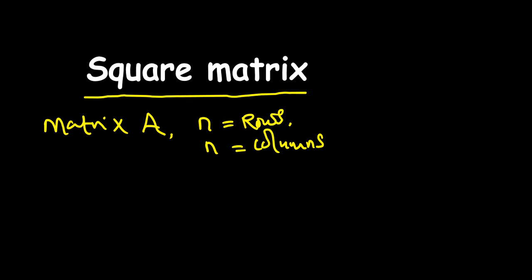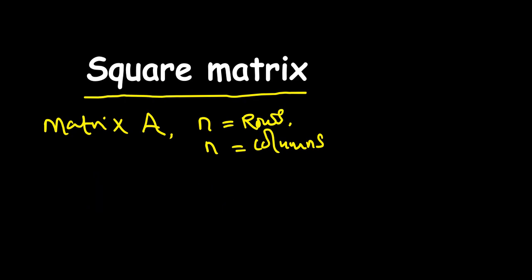The order or the size will just be n, or you can say n by n. It will still mean the same. So a square matrix is basically a matrix that has the same number of rows and columns.